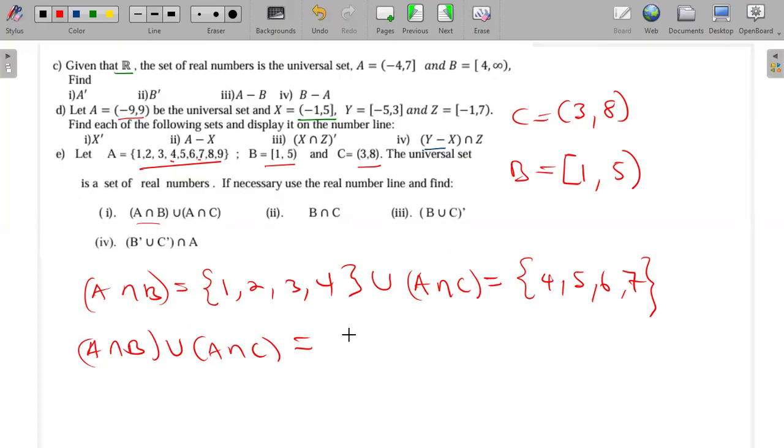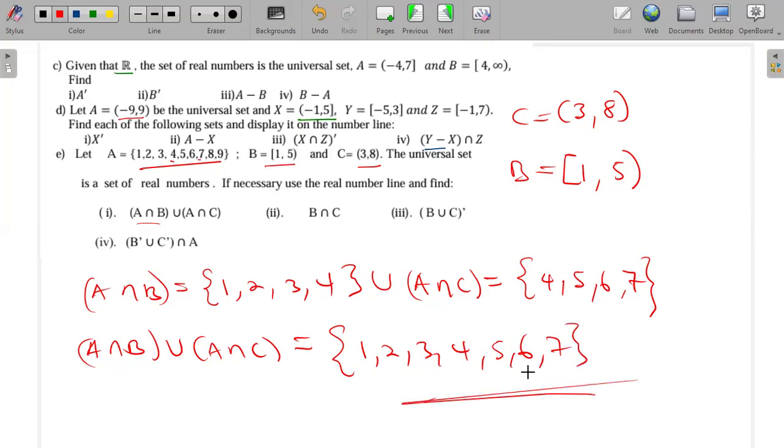So I have to bring all the elements together. That is going to be 1, 2, 3, 4, and 4 I don't repeat since they're distinct, then 5, 6, and 7. So this here is the answer to that question. I said if necessary, so in this case, it was not necessary for us to use the number line.